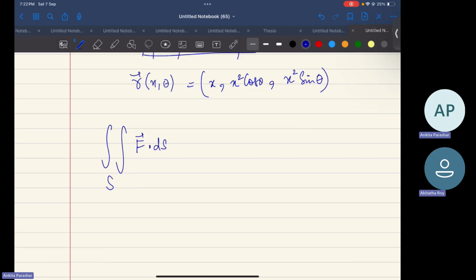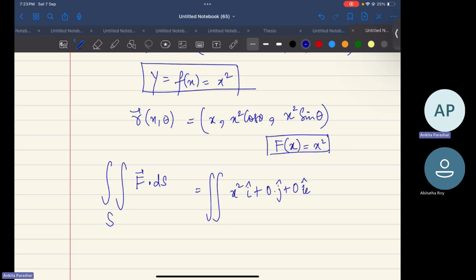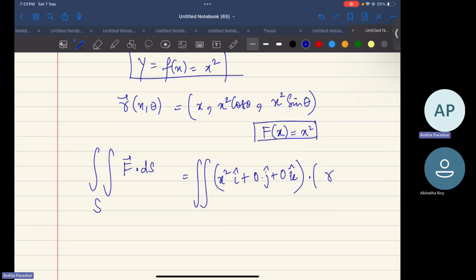So here your F is nothing but x square only. I will simply write x square i cap, 0 j cap, 0 k cap, and then dS, if you remember, it was r_x cross r_theta.